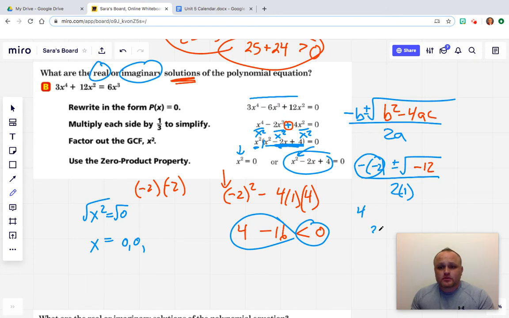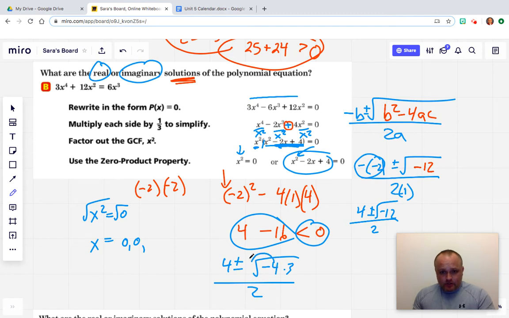The bottom is 2. It's plus or minus the square root of negative 12. And now I'm ready to simplify this out. The square root of negative 12 will simplify to the square root of negative 4 times 3. So the 4 right here will come out as a 2. This negative 1 will come out as an i. And the 3 stays inside. And you're left with this.